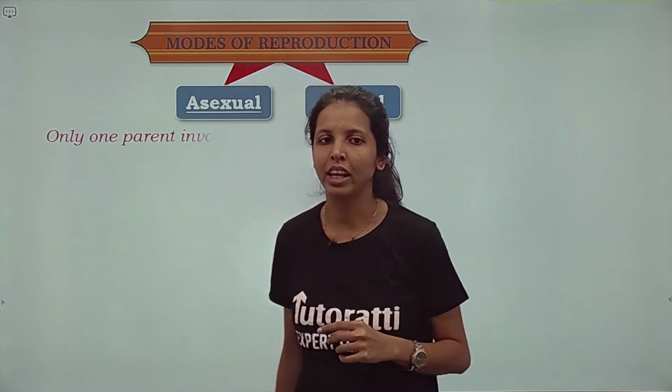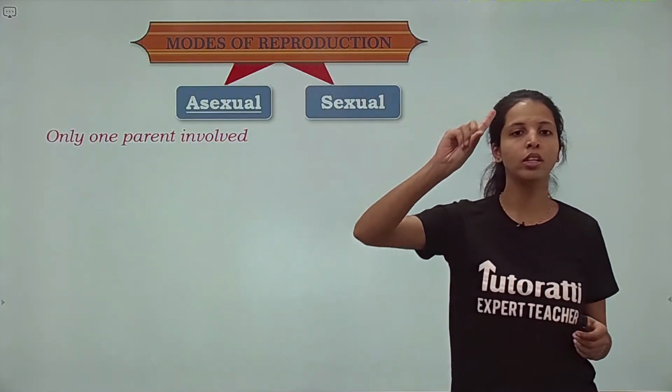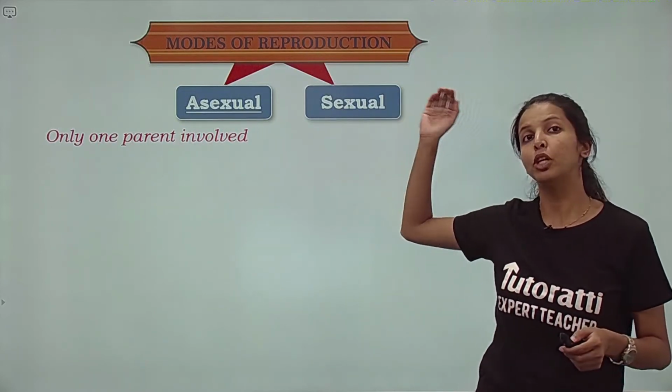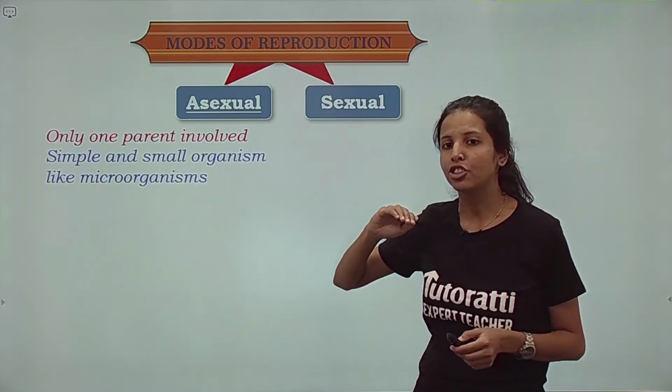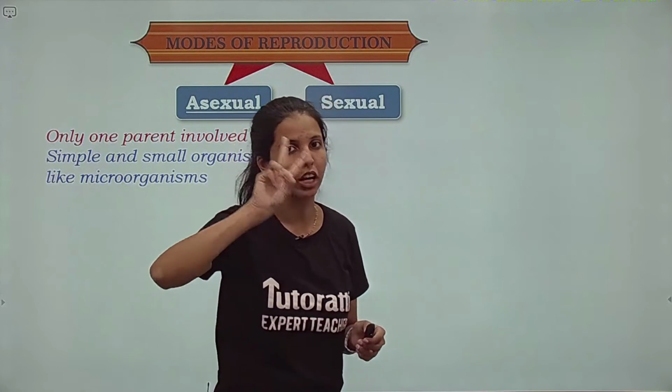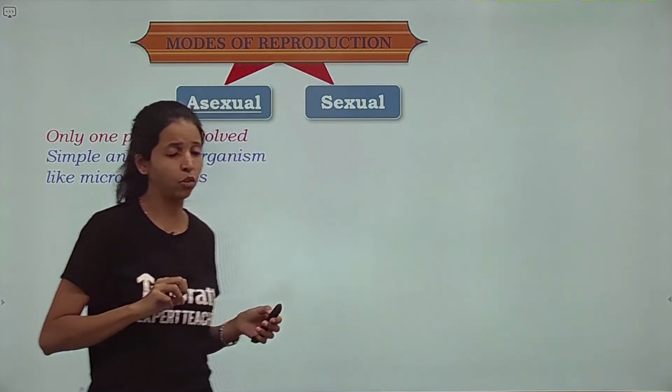First, talking about the asexual mode of reproduction, only one parent is involved in this process. On the other side, in sexual reproduction, two parents are going to be involved.